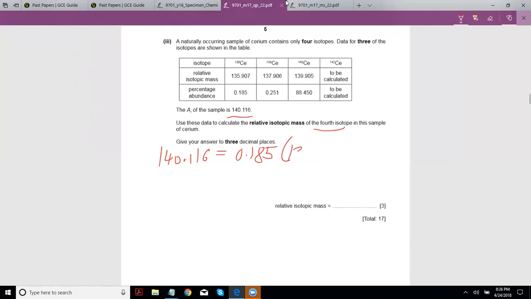So this is 136 plus whatever. You take this and multiply by 0.251. No, you don't take that. You take the 137.906 and the 135.907. Yes, you take this. My bad, because obviously it would come out the same.